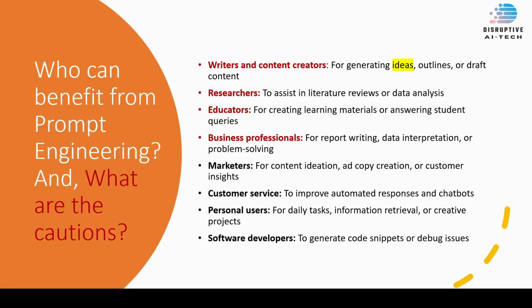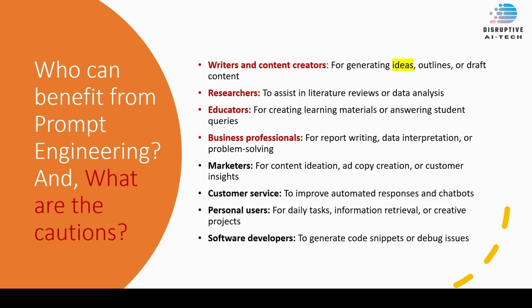This slide is going to be very important because there are several users who are using these prompt engineering techniques, and you can get the best result out of ChatGPT or an AI system. But we will also look at what things you should be cautious about.